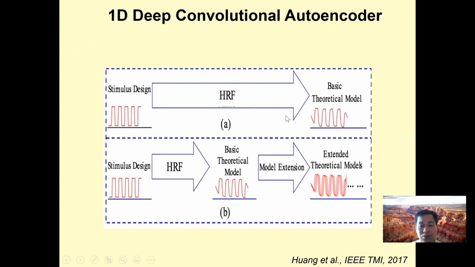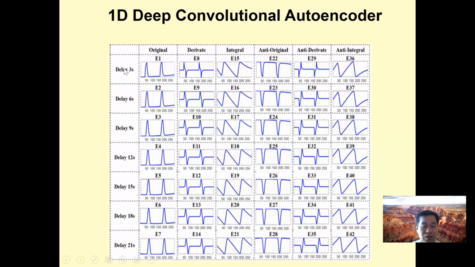For example, you can do different delays, you can do anti-task, you can do integration, you can do derivative. So we end up with dozens of theoretical models. We have the original task, we can do derivative, integration, anti-derivative and anti-integration. Then we can do different delays, like delay 3 seconds, 6 seconds, things like that.